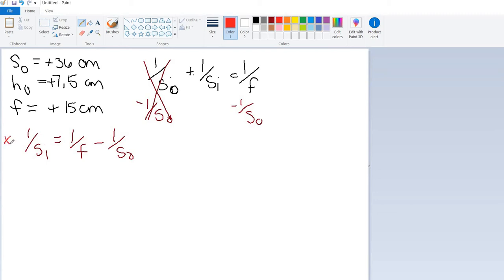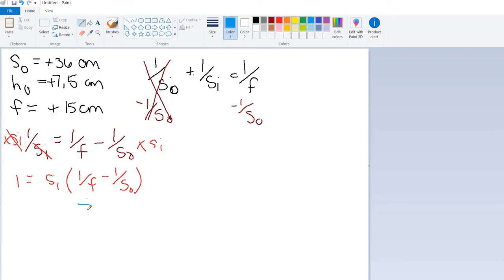So let's say I were to multiply by the image distance, and these would cross out, and I would have basically 1 over the focal length minus 1 over the object distance in parentheses multiplied by the image distance. And then I can actually move that whole piece of information in the parentheses underneath the 1 by dividing it. And that's what I want to do, because I want the image distance to be by itself.